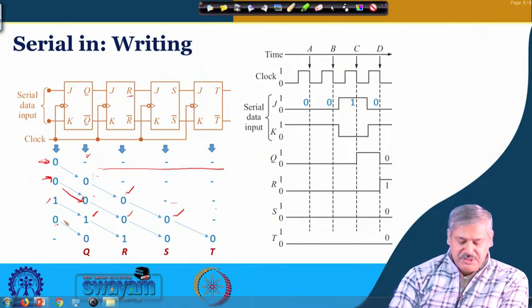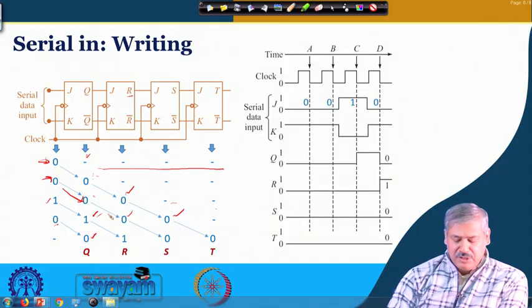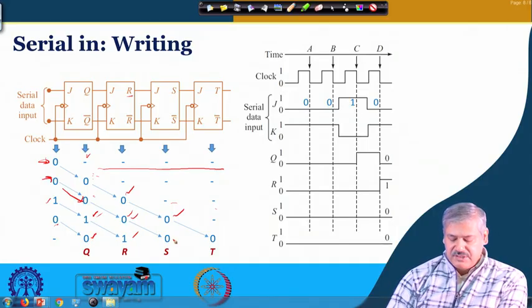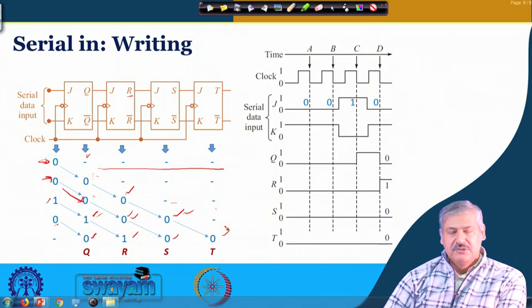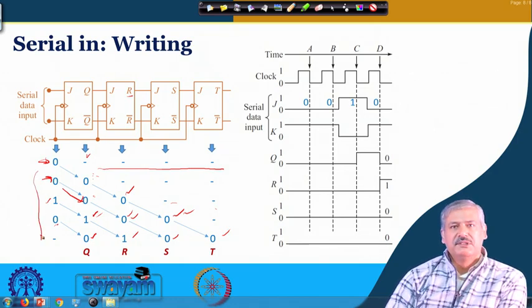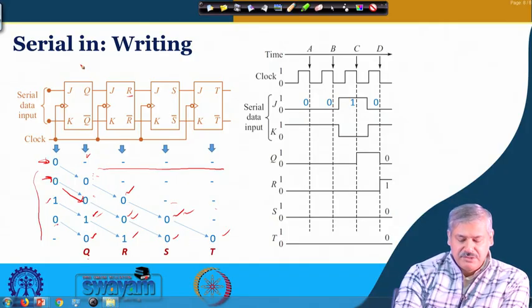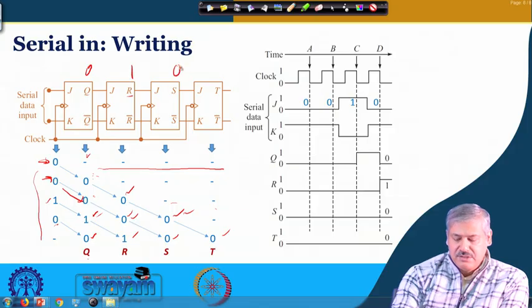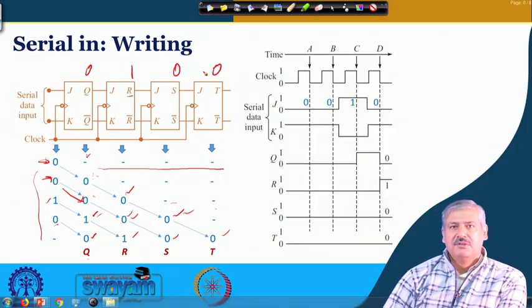What will happen? So, this 0 will come to Q, this 1 will come to R, this 0 is coming to S and this 0 is coming to T. So, 4 clock cycles have elapsed, okay, and now Q, R, S, T are having the value 0, 1, 0, 0. So, 0, 1, 0, 0, right.